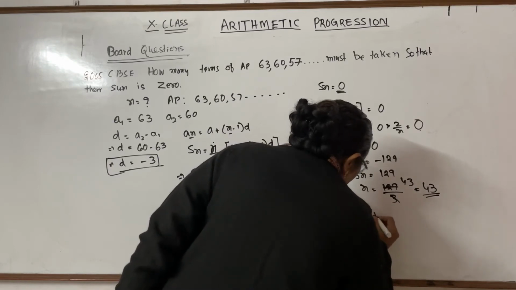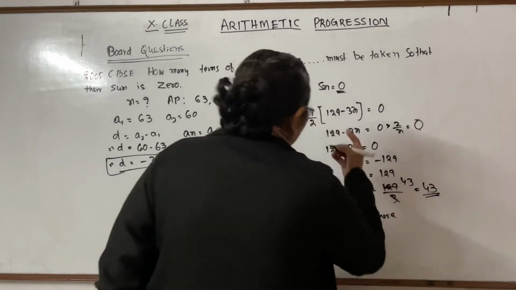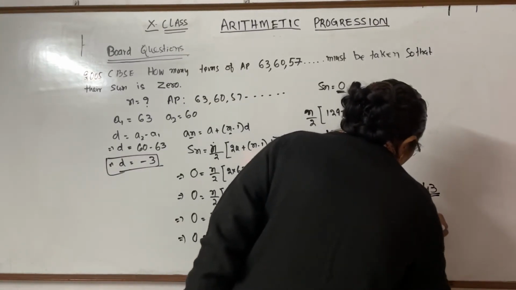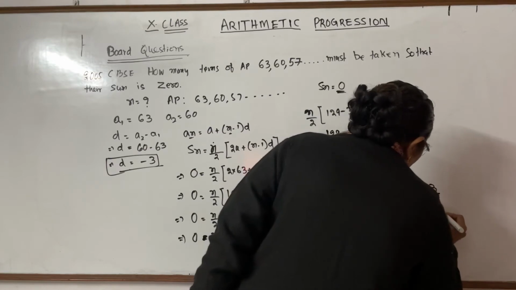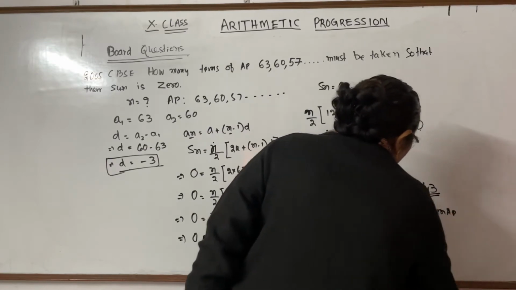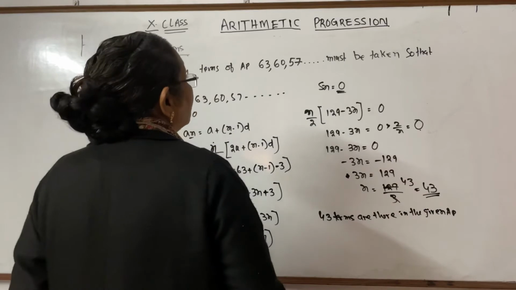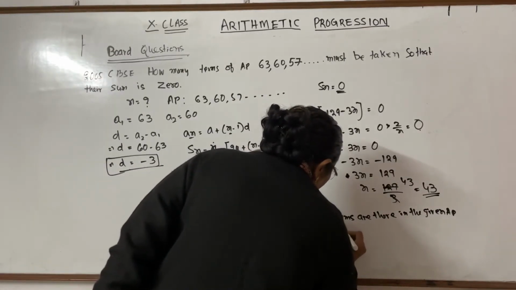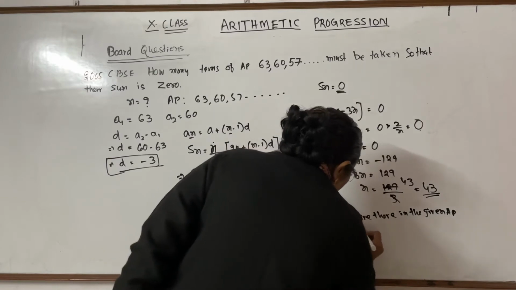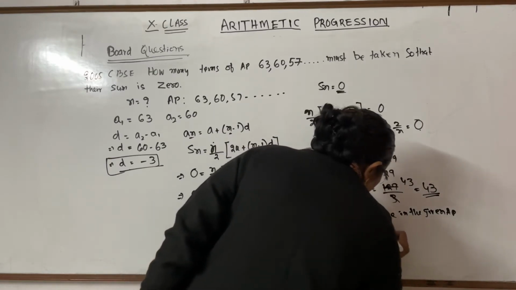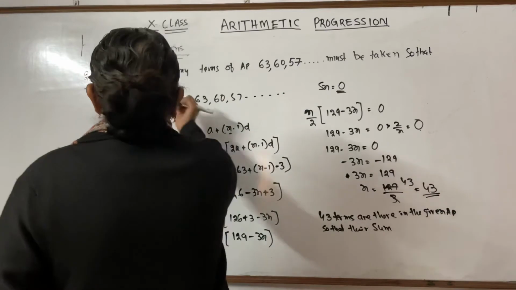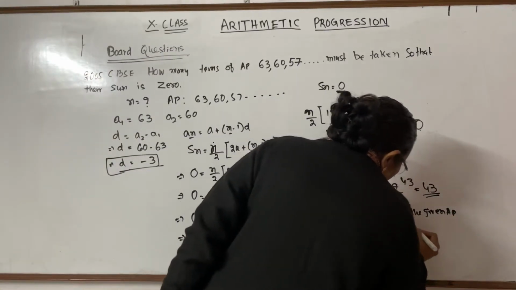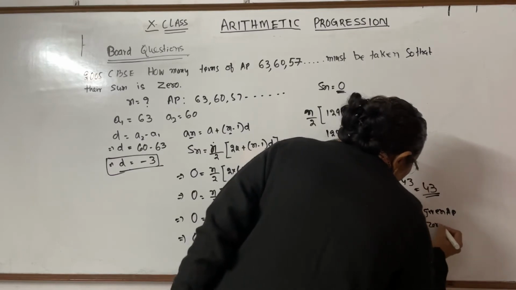If you add 43 terms in the given AP, then their sum will be 0.